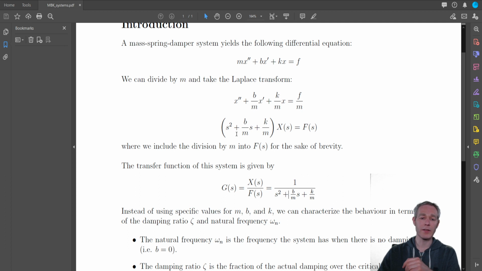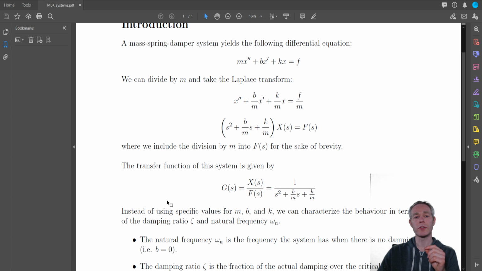I've divided in an early stage by m so that I have a second order polynomial here with a leading coefficient of 1, which makes it a little easier to find the roots of this polynomial. But here we still have a description in terms of the mass and the spring and the damping coefficients.